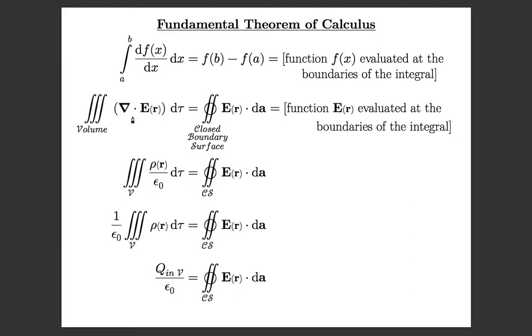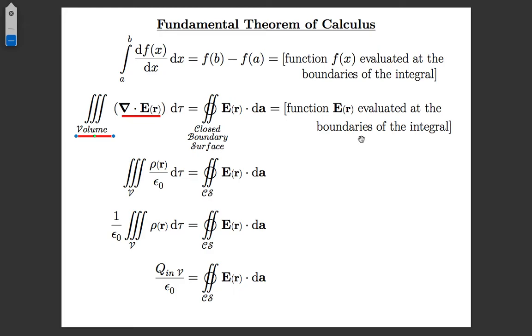We're taking the 3-dimensional vector derivative of that function, and then taking an integral over a volume of that function. And when we apply the fundamental theorem of calculus to this, we end up with the function E evaluated at the boundary of that integral.